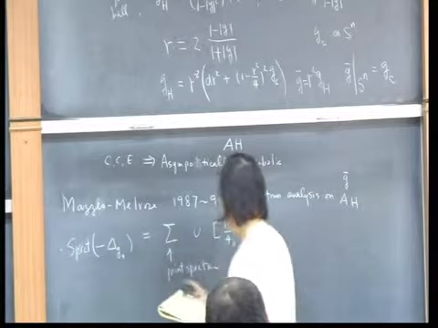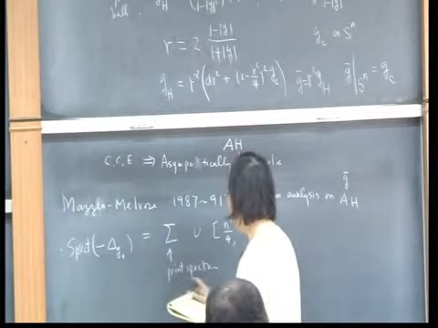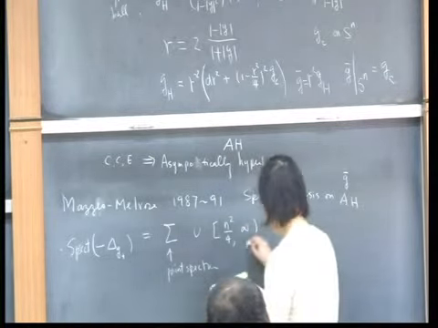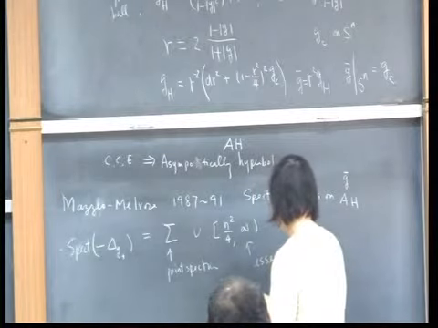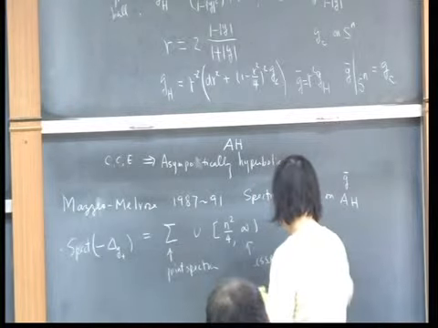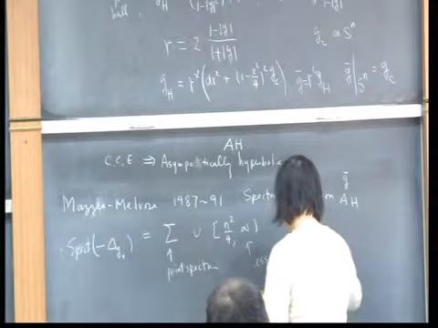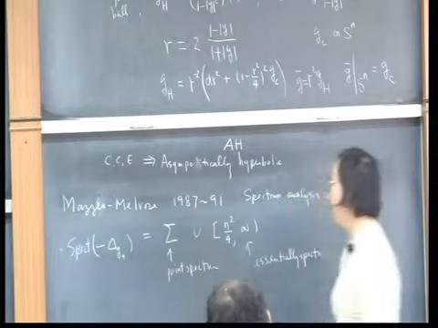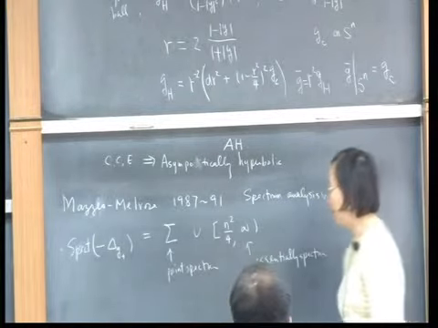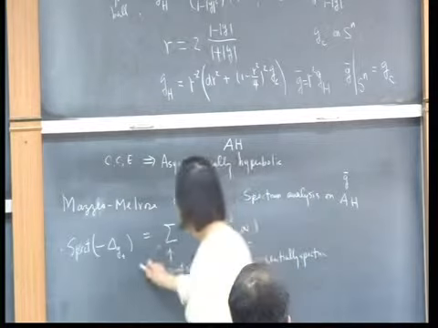The point spectrum is the spectrum with L2 eigenfunctions. And then there is the essential spectrum. I denote this by the point spectrum.